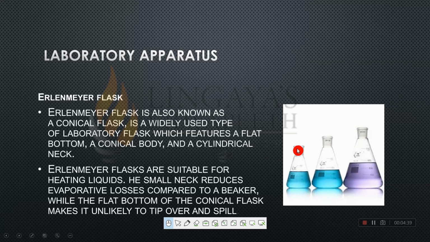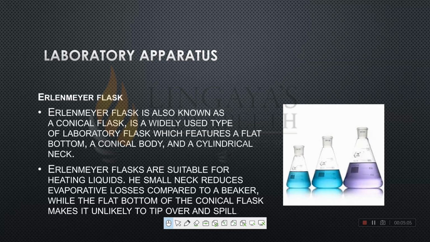The small neck reduces evaporative losses compared to a beaker, because when we put the solution into the beaker, the evaporation rate increases due to the increased surface area of the beaker, because the surface area of the beaker is larger than the conical flask.